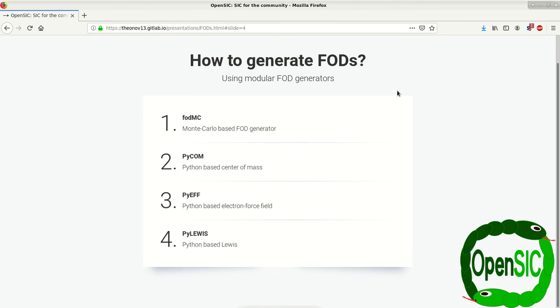And I would like to present 4 modular FOD generators that are all freely available at the PyFLO-SIC organization at GitHub. There is the FOD-MC, which is a Monte Carlo based FOD generator based on the minimization of Coulomb repulsion while maintaining a given bond order.